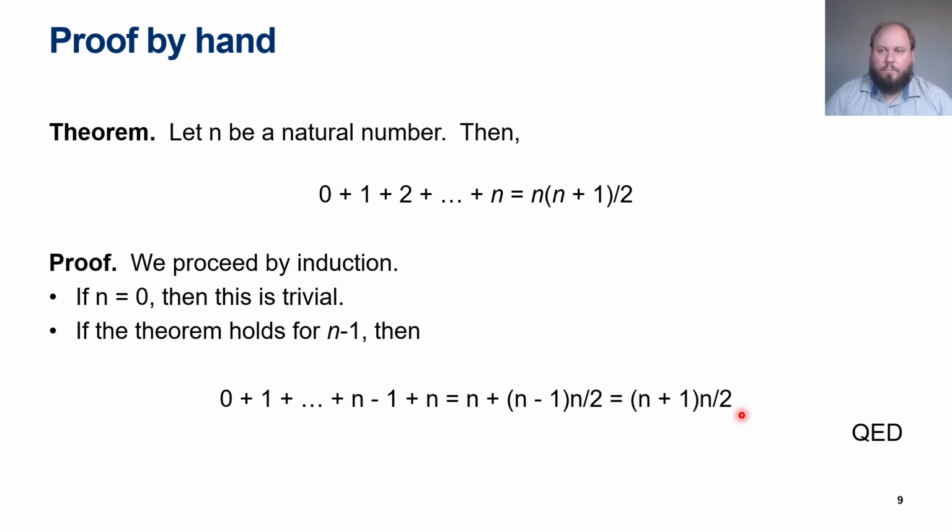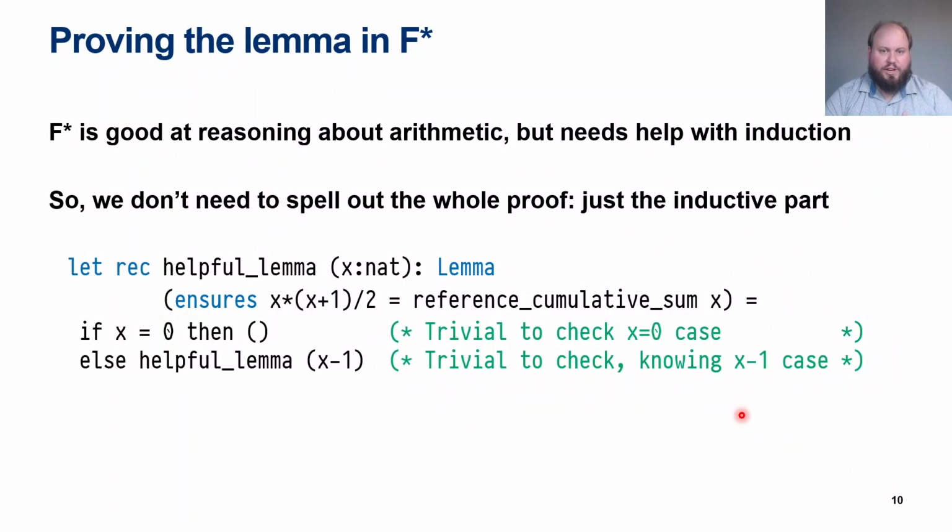But when we go to prove it in F star, what do we need to tell the prover? F star is really good at reasoning about arithmetic. Arithmetic statements aren't so hard for SMT, but it isn't able to do induction without a bit of help. So what we need to do is spell out this inductive part of the proof. So we take this helpful lemma and we do this if else.